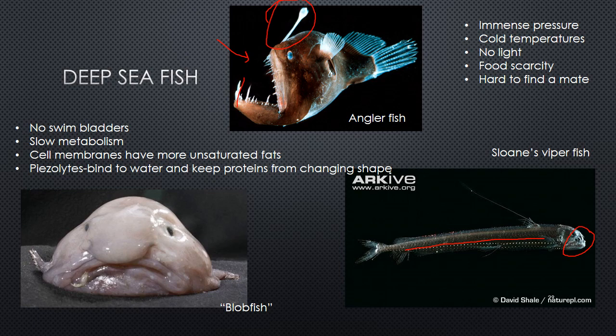They also have a very sensitive lateral line. We talked before about how lateral lines are used to sense what's going on around the fish in the water column. Well, those deep sea fish have extra sensitive lateral lines.